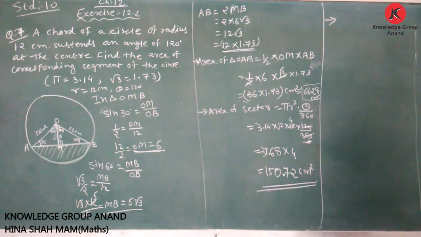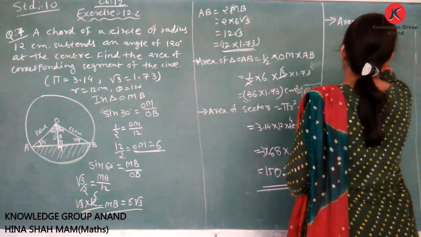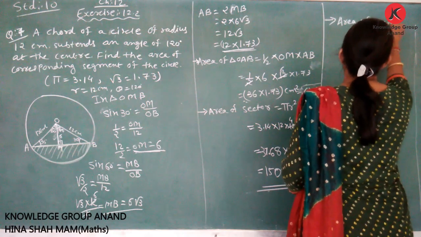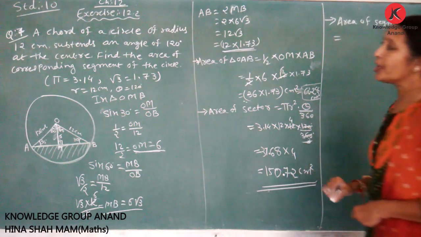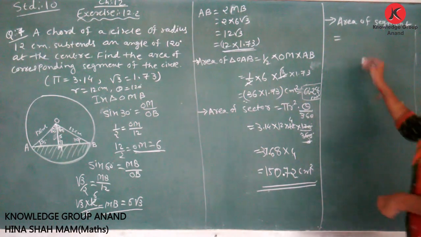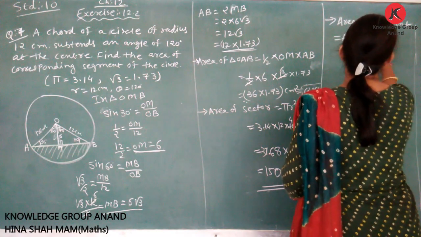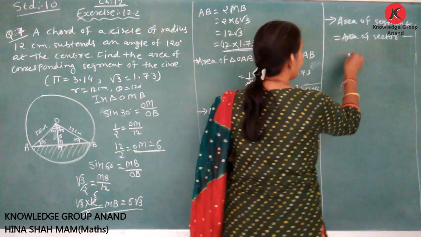Now, find area of corresponding segment of the circle. Area of segment, that means minor segment, is equal to, what is the formula? Area of sector minus area of triangle.